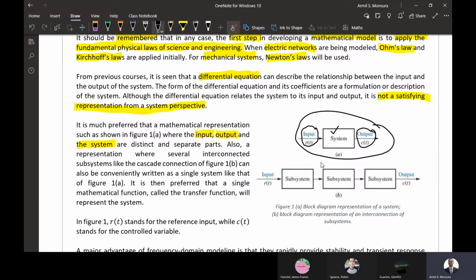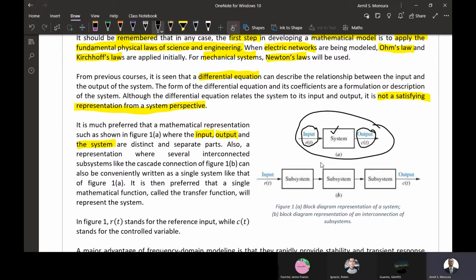Okay? So if we are to devise a way to specify our system as a mathematical model, we will prefer that this model can separate the three entities, the input signal, the output signal, and the system itself, so that it is easier to manipulate them mathematically.